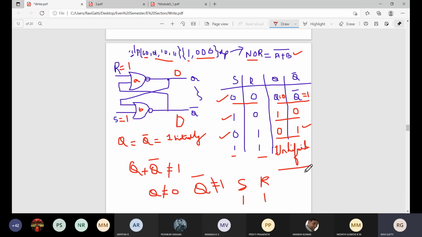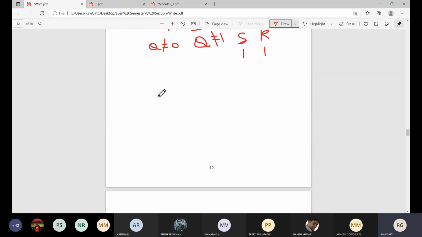So therefore, what we can do is, we can write an SR latch in this manner. So now you can see, I will write an SR latch in this manner. So what is this SR latch? It will be having two inputs, S and R, and it will be having two outputs, that is Q and Q bar. And therefore, we will write a truth table.